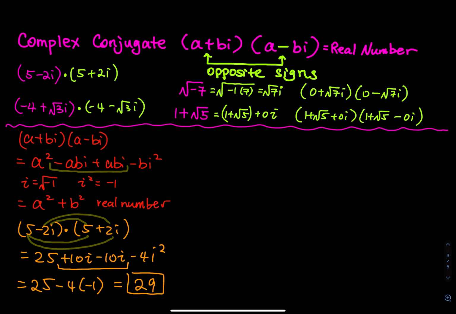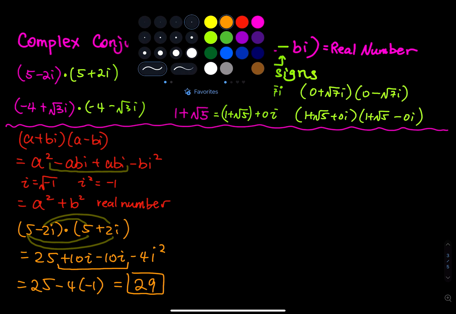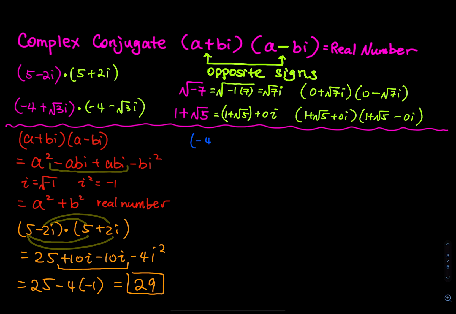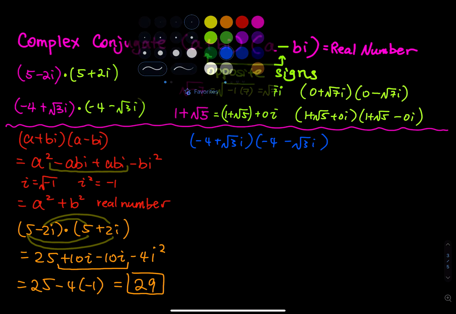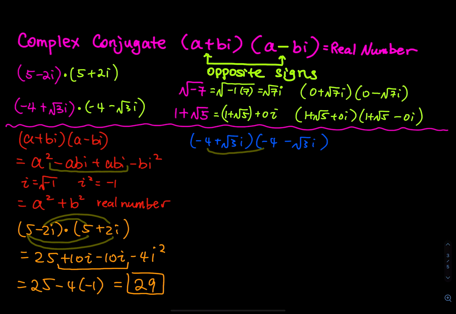And then moving on to the next problem, let's do this in blue: negative 4 plus root 3i, and then negative 4 minus root 3i. All right, multiplication, negative 4 times negative 4, negative 4 times this. So we have 16 plus 4 root 3i.